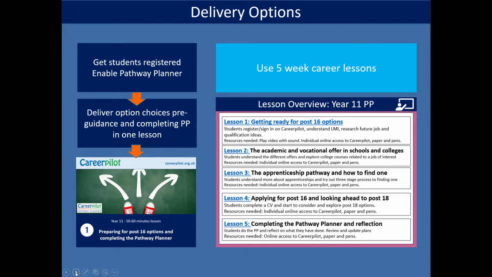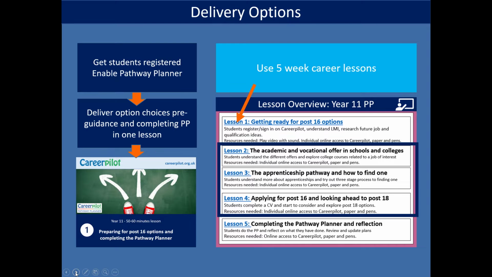So you could, if you can allow 5 weeks for a careers program and you can have some IT access, then lesson 1 is when you'd get them ready for the session about their options. Lesson 2, 3 and 4 would be diving down and learning much more about those pathways. And then lesson 5 is when you would complete the pathway planner. And I would think if you could do the 5 lessons, when they complete the pathway planner, they should be better informed and hopefully you'll have less students who are shown as red.